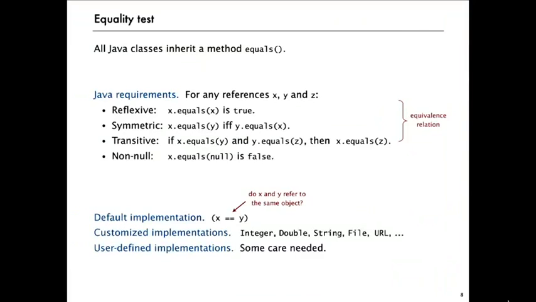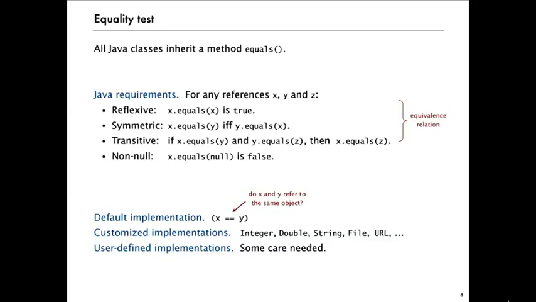Again, the default implementation is to check whether they refer to the same object, and that's rarely what we want. Java systems programs maybe want that, but client programs usually have customized implementations that are based on comparing some sort of value. The standard built-in types of the Java language have those customized implementations, and we can rely on them doing what we expect.